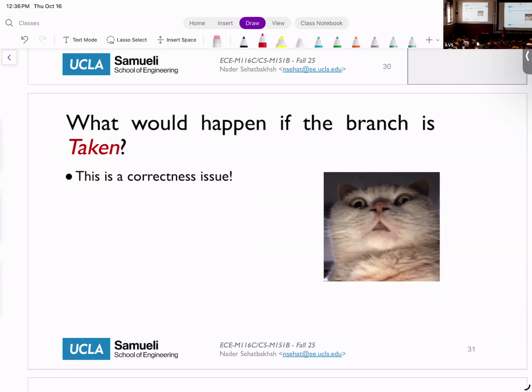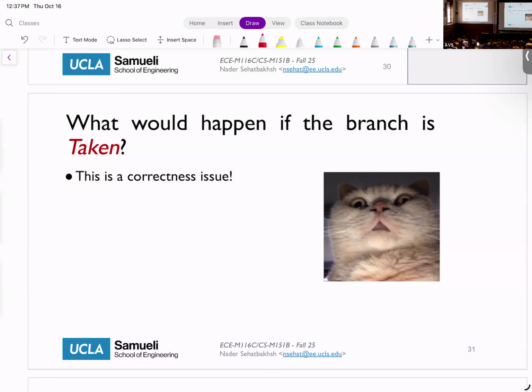So speculation in general has a downside, and that is that you may make a wrong guess, right? For branches, whatever you do, you can never have 100% accuracy, unfortunately. Even if you're 99% accurate, there is a 1% chance that you make an incorrect decision. And this incorrect decision actually leads to correctness issues.